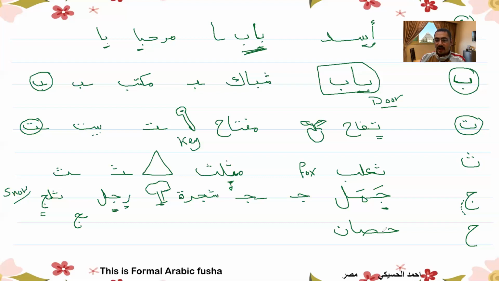And Ha in بحر. Sea means بحر. Red Sea, البحر الأحمر. And بلح. بلح means date.